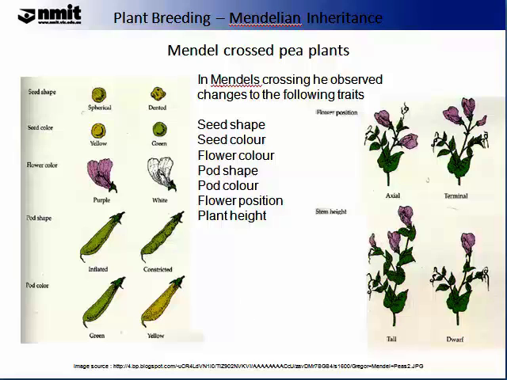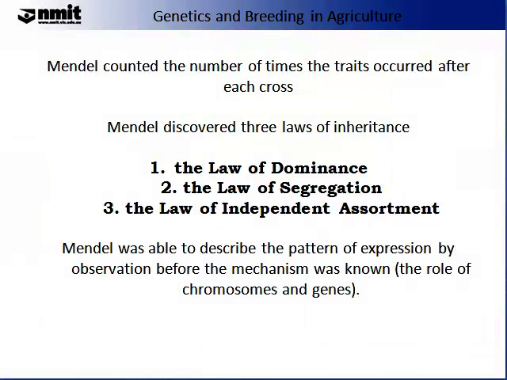He also observed that the position of the flowers could change, axial and terminal, and also the height of the stem could change, and thus he was able to produce tall and dwarf varieties of pea plants. Mendel counted the number of times these traits occurred after each cross.